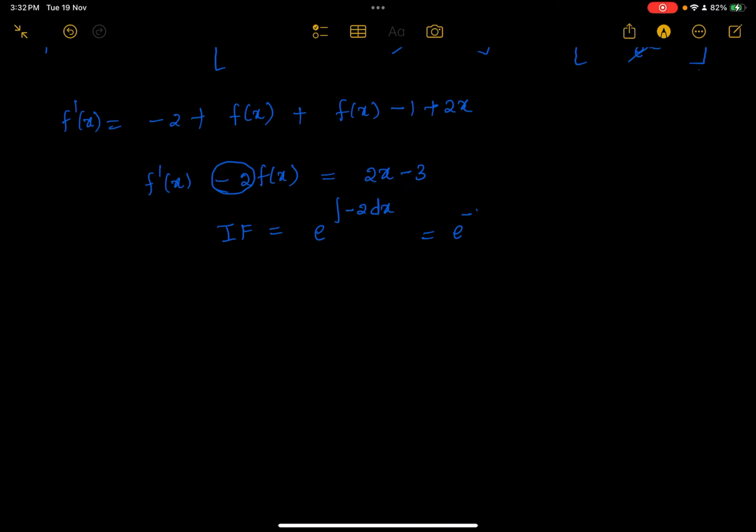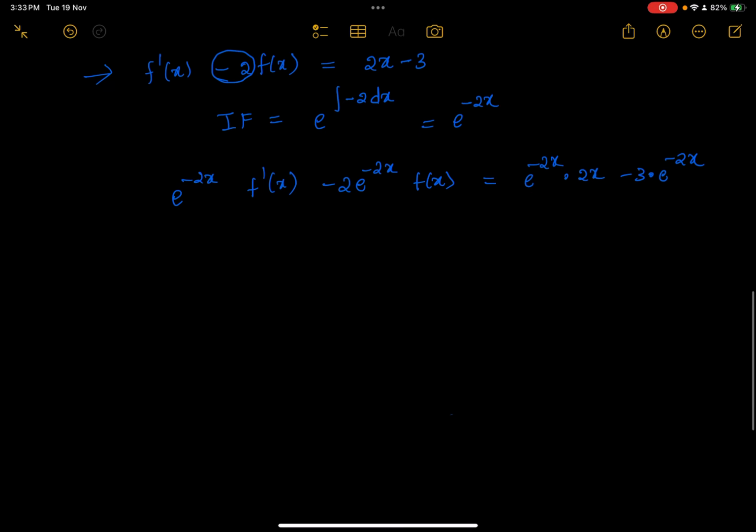So that is e to the power minus 2x. Multiply this equation with e to the power minus 2x: e to the power minus 2x into f dash of x minus 2 e to the power minus 2x into f of x is equal to e to the power minus 2x into 2x minus 3. Integrate on both sides.